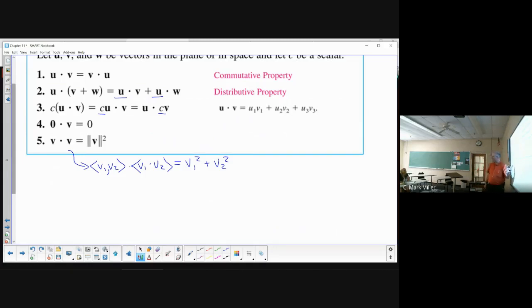I'm only doing the 2-dimensional case; I can do 3 dimensions for this. Get used to working with these components, because you kind of feel like you're working in a different, I don't say different language, but certainly a different dialect.